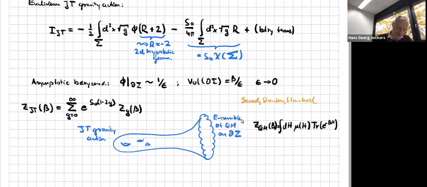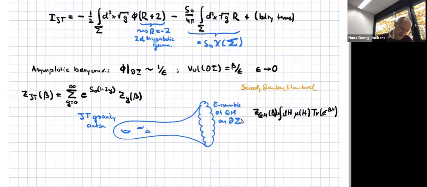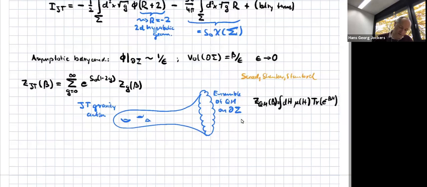So let's start at genus zero. Genus zero, as was pointed out, is kind of special. And actually, genus zero has been computed already previously. So you can just localize on a disk. You can evaluate the path integral exactly. The dynamics come from this boundary Schwarzian, and this can be carried out exactly.